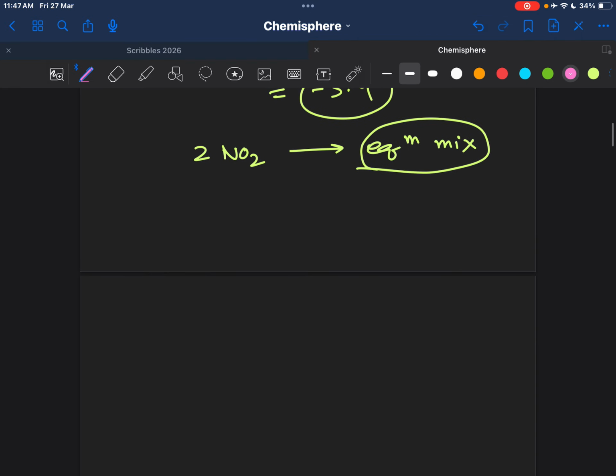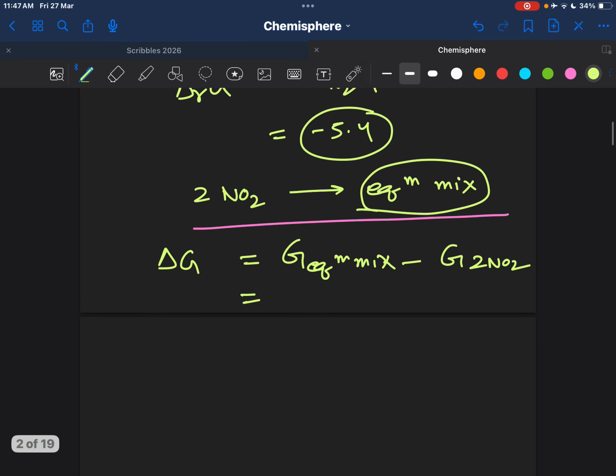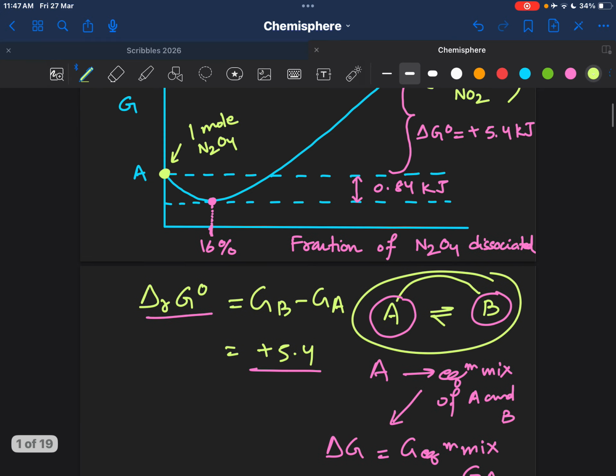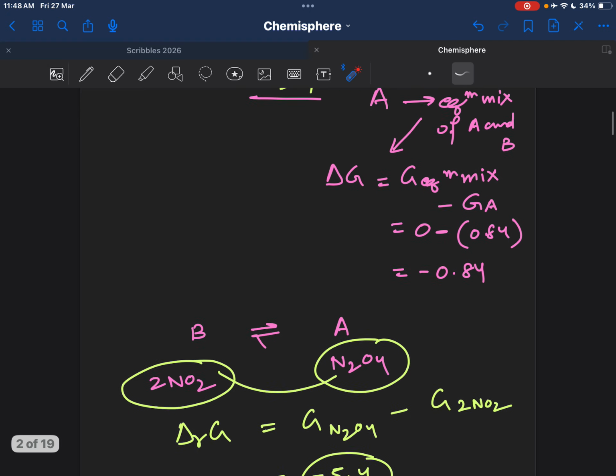Assume that 2 moles of NO2 is becoming equilibrium mixture. So delta G for this will be final minus initial, so G of equilibrium mixture minus G of 2 moles of NO2. G of equilibrium mixture is 0. Let us calculate G for 2 moles of NO2 from the graph. From the graph, you can see this is the 0, and G of 2 moles of NO2 is this value, which is 5.4 plus 0.84.